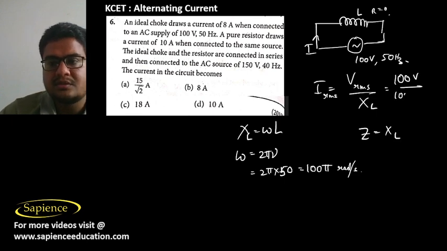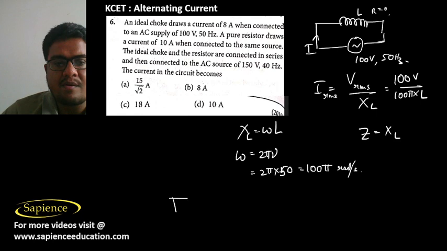So XL is 100 pi L. Here it is told a pure resistor draws a current of 10 ampere and is connected to the same source, 100 volt and 50 hertz.